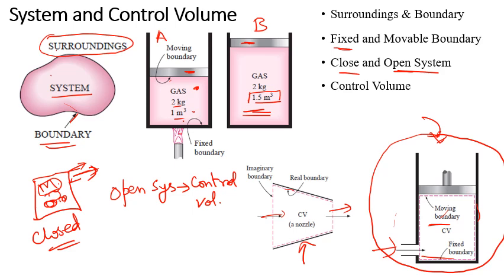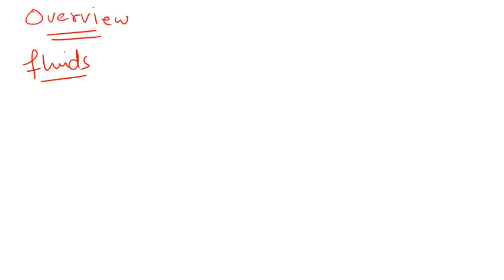Okay ji. Now this is our last topic of this chapter. So now we will take the overview of this chapter. First of all, we studied fluids, and we explained what fluids are and what their basic properties are, like viscosity and other things.